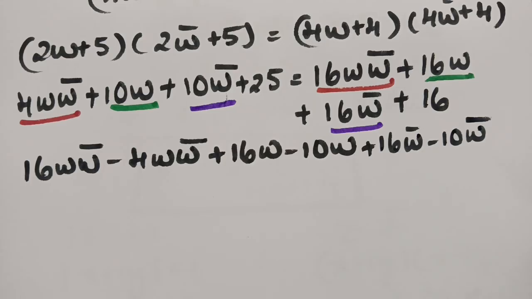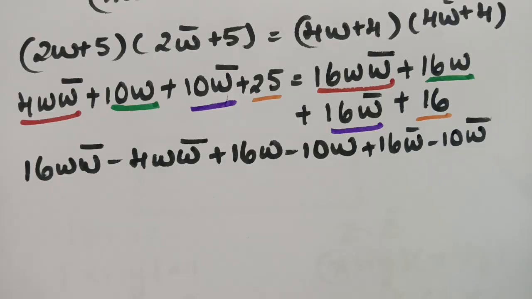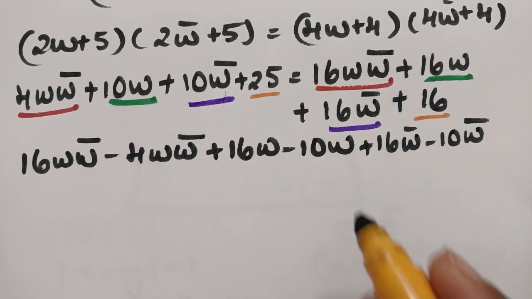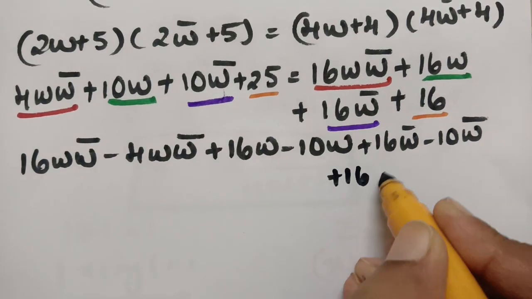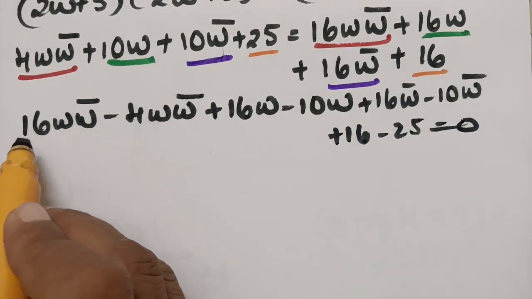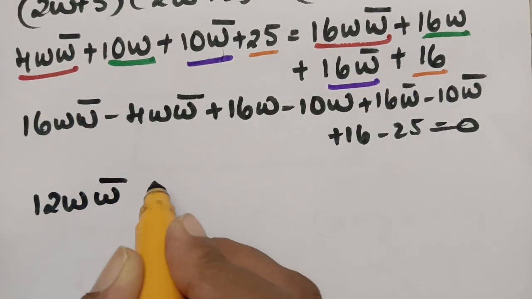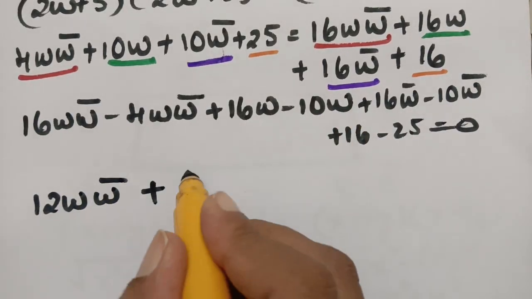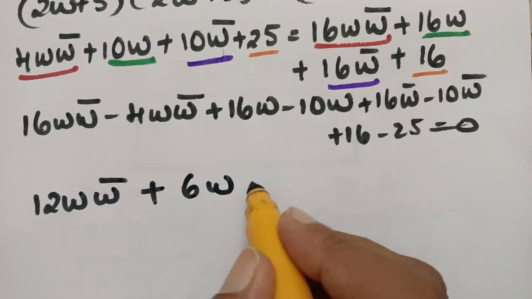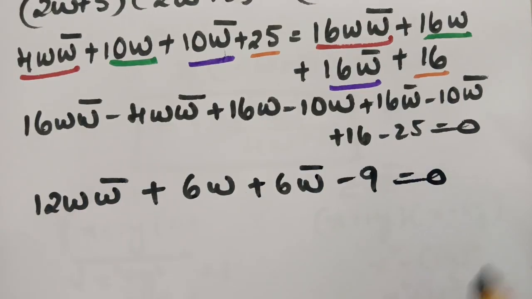And if you observe this, this is 25 and this is 16, so this will be plus 16 minus 25, equal to 0. Here, 16 minus 4 is 12w w bar, and 16 minus 10 is 6w, and this is 6w bar, and this is minus 9, equal to 0.